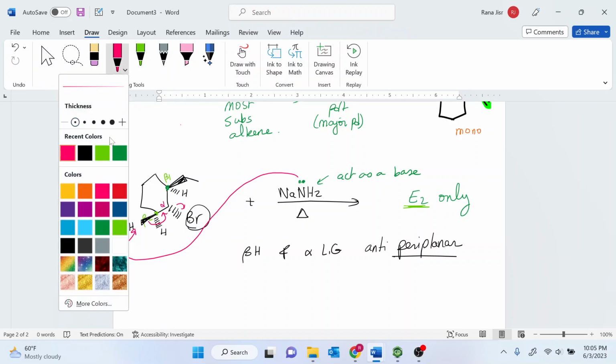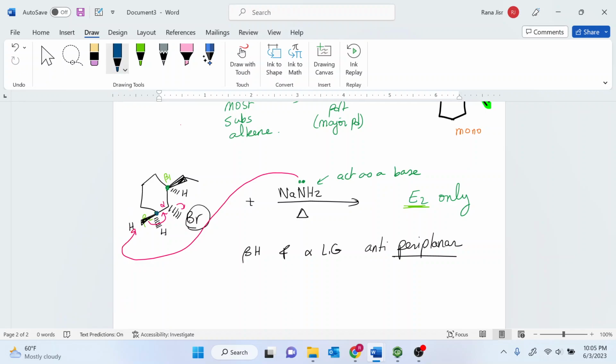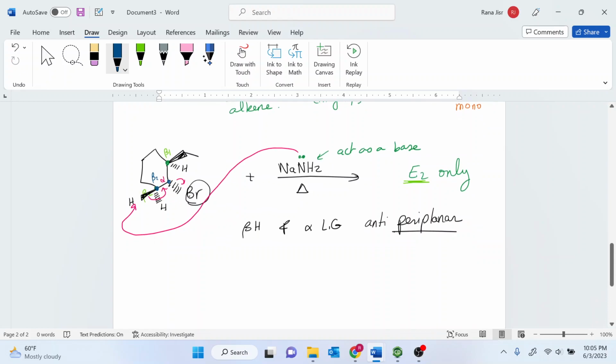Notice that the double bond that I am forming is between the 2 carbons, the alpha and the beta. This is how you do it. You form the double bond between the alpha and the beta in this case. So the base is going to come take the beta hydrogen, form a double bond, and the halogen is going to leave. And I use the hydrogen that is in different plane of the bromine.